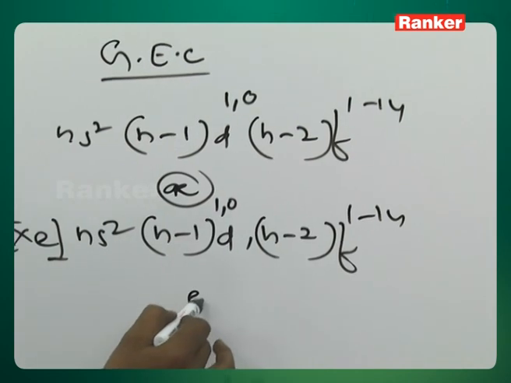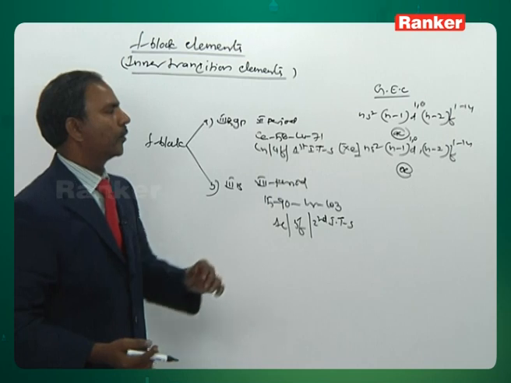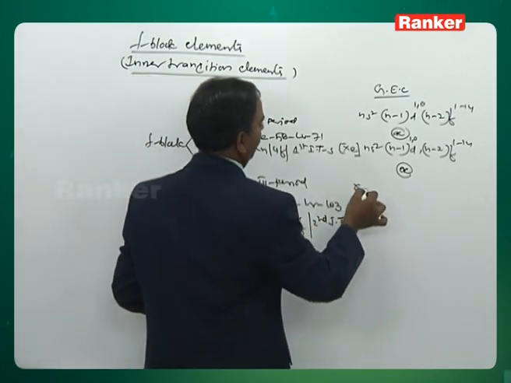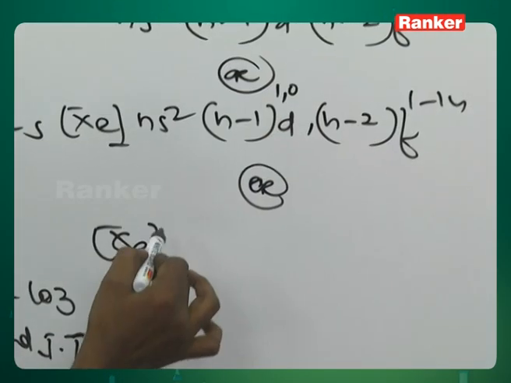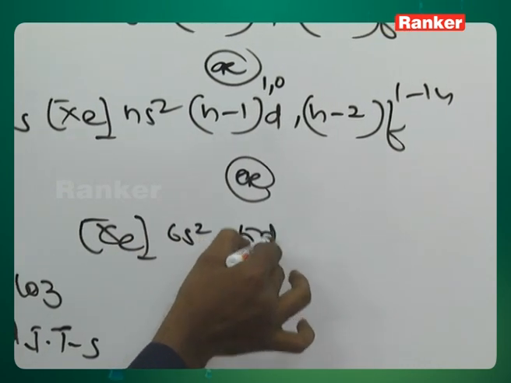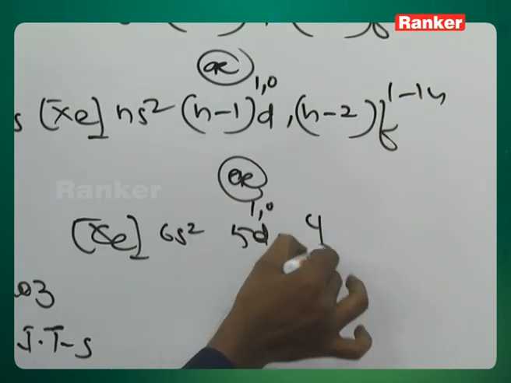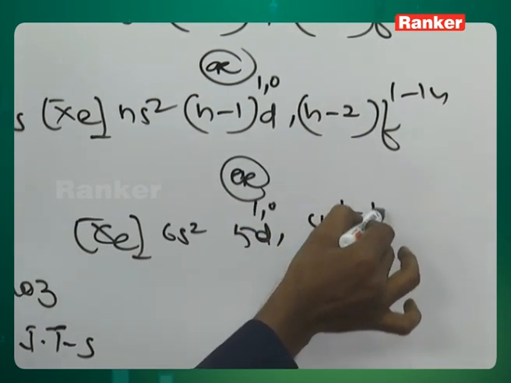Another way of representing this general electronic configuration is by showing the actual subshell numbers: xenon 6s2 5d0-1 4f1-14.